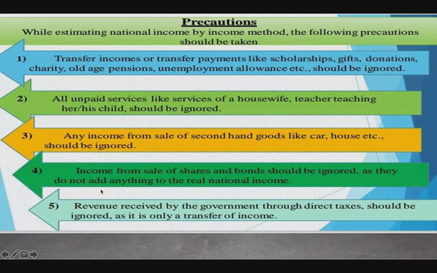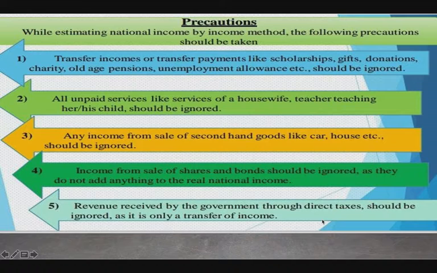Then the next one, revenue received by the government through direct taxes should be ignored, as it is only a transfer of income. When any person earns money income from an institution, he receives payment. In this payment, direct taxes are also included.